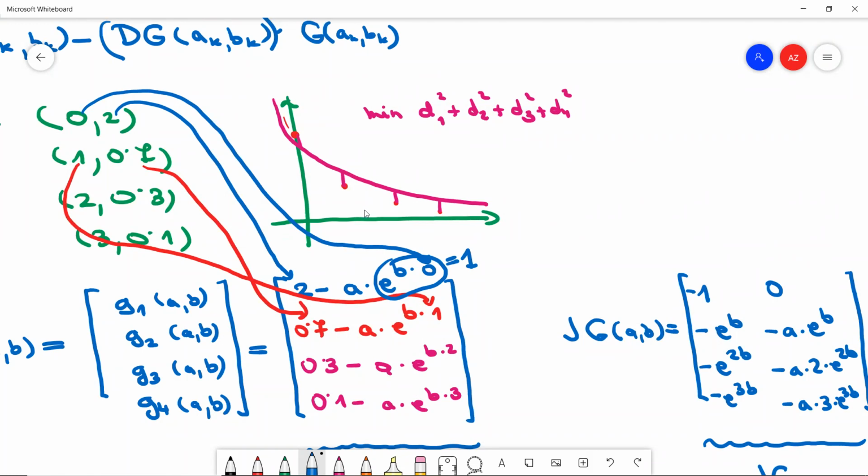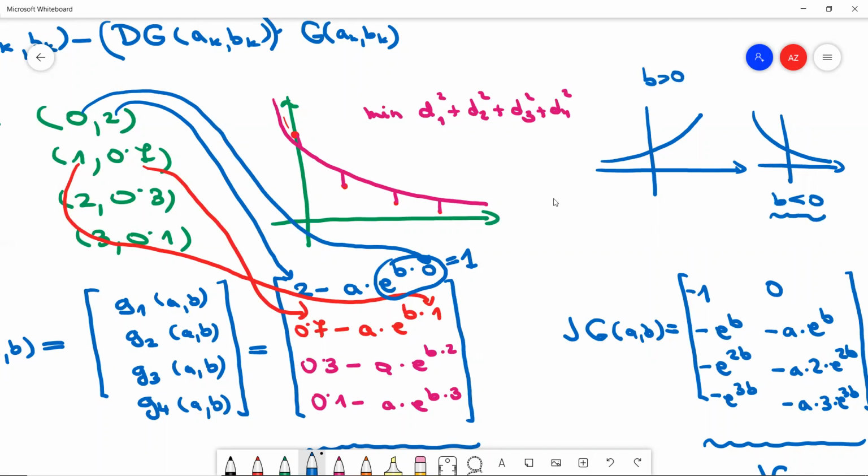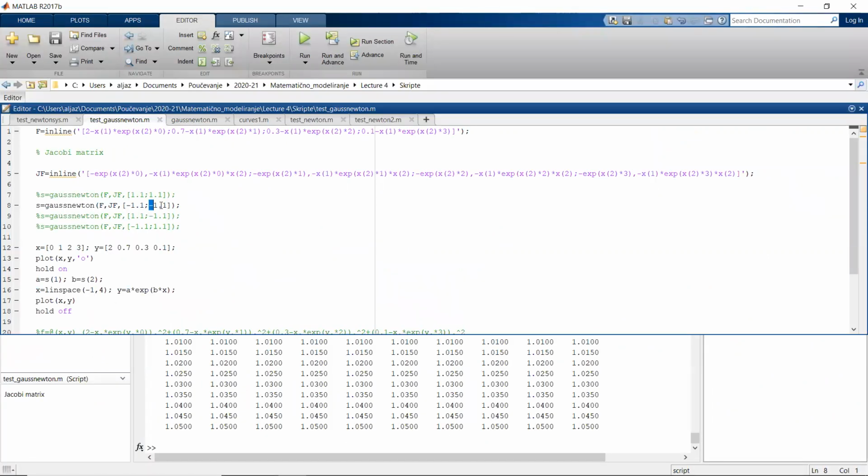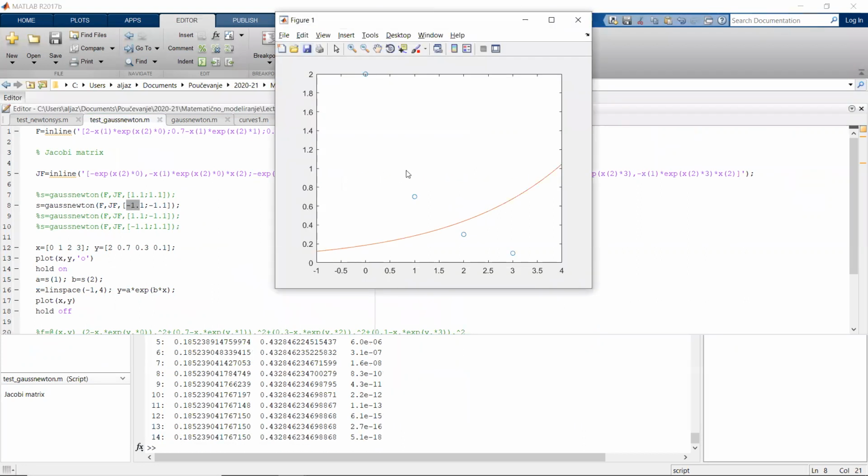So e to the power of x is like that, and then e to the power of minus x is like that. So this is for b bigger than 0, and this is for b smaller than 0. We know that b must be smaller than 0, so our initial approximate was bad when we took b equal to 1.1. We should take something where b is smaller than 0. Let's try with b equal to minus 1.1, and also a equal to minus 1.1. And run this.